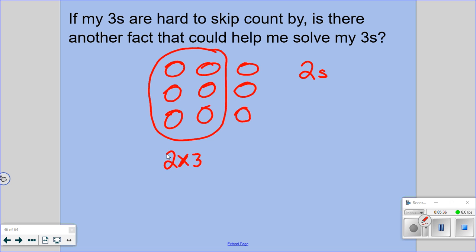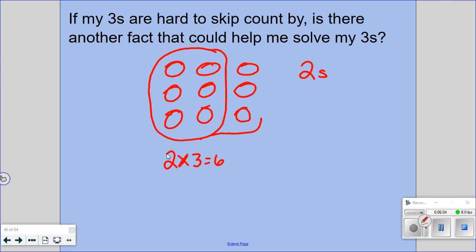What is 2 groups of 3? What is that worth? You can count it, skip count it, you can do it however you want. Marley? 6. How do I get from 2 groups of 3 to 3 groups of 3?